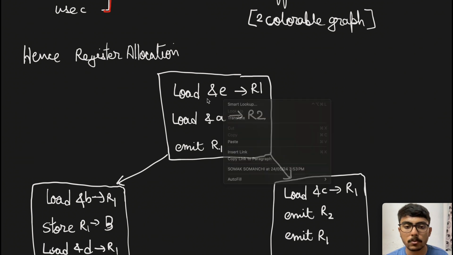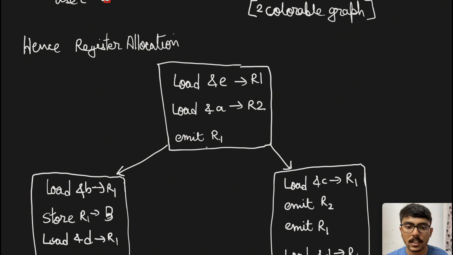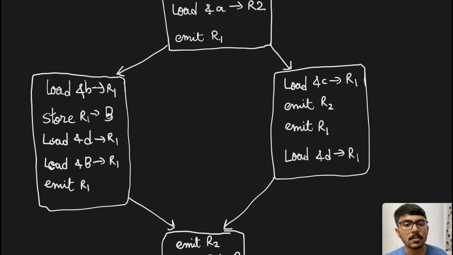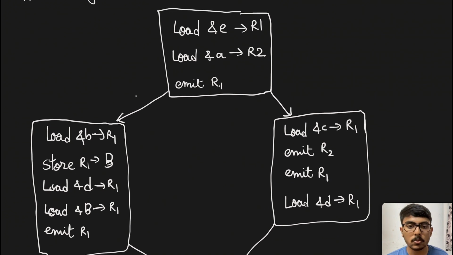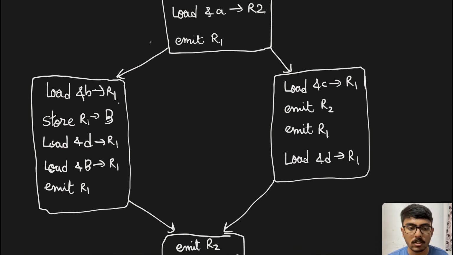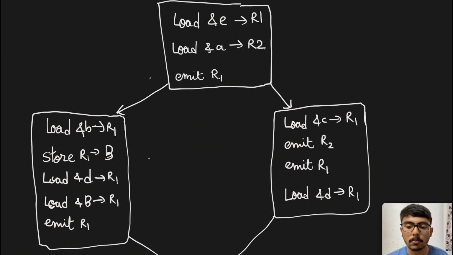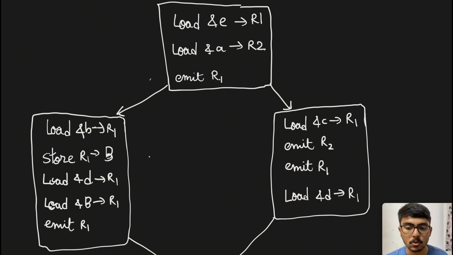So we are loading the memory location E to R1, then we are loading A to R2, then using R1, we are using E again, so we are emitting it. Similarly, we will be loading B with R1. Now you will see that we have just used R1 right away because E is not used anywhere else in the code, so we will not bother about keeping E back into the memory.